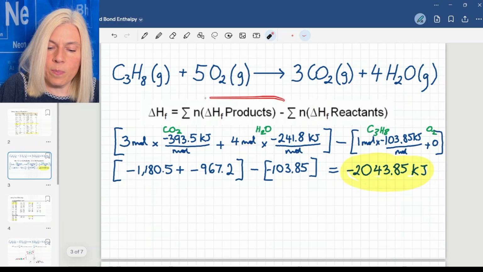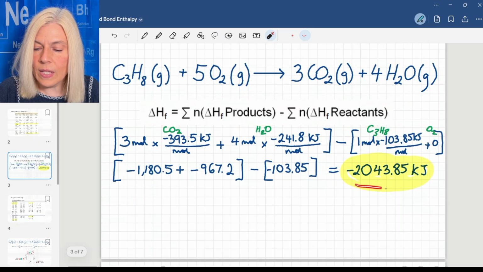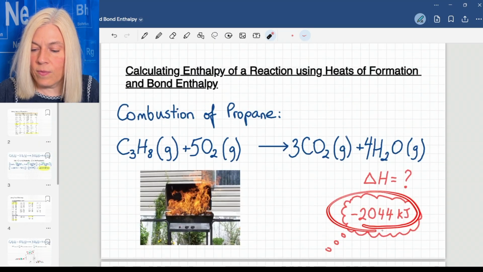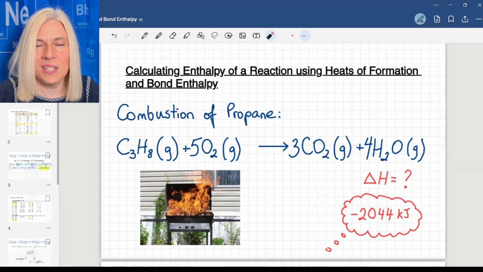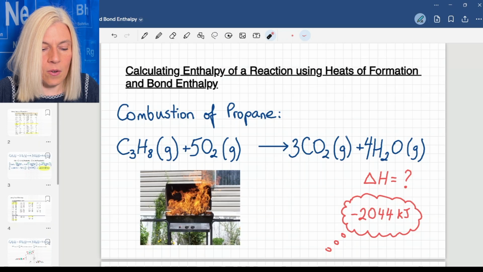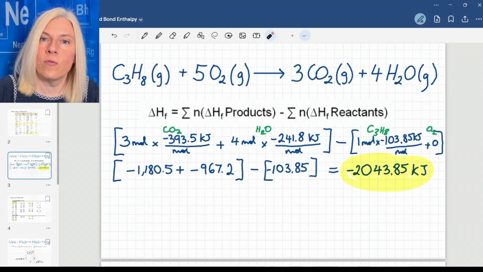Remember, it's products minus reactants, and that's the number I get. And wow, this number is very, very close to what I looked up, just off by the decimal points. Okay, that's great. So that's another way, using heats of formation.